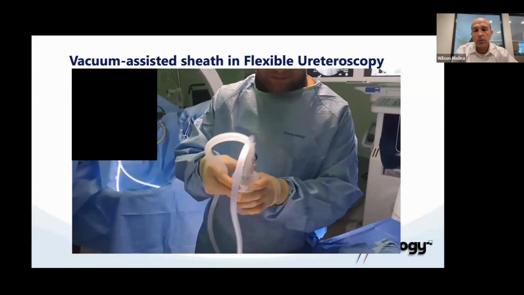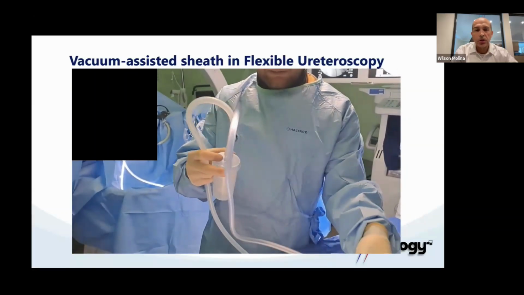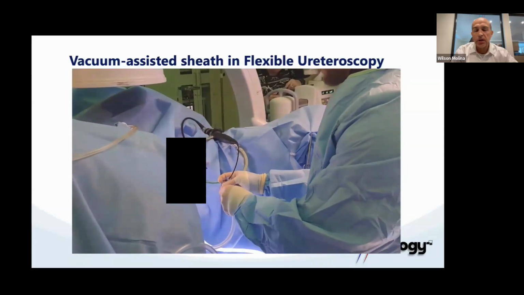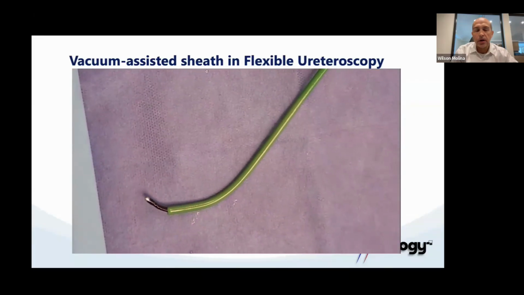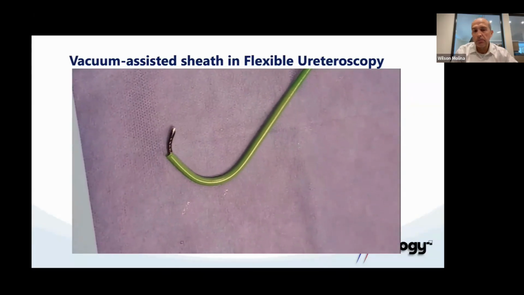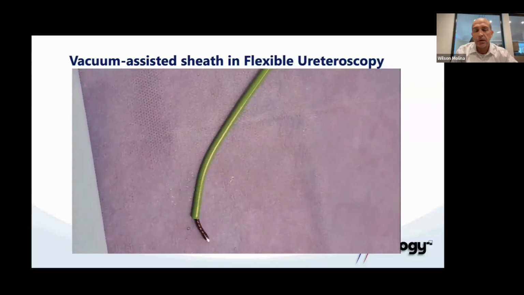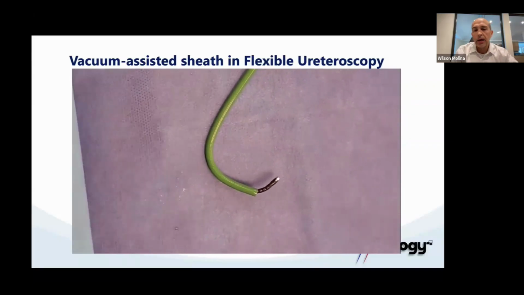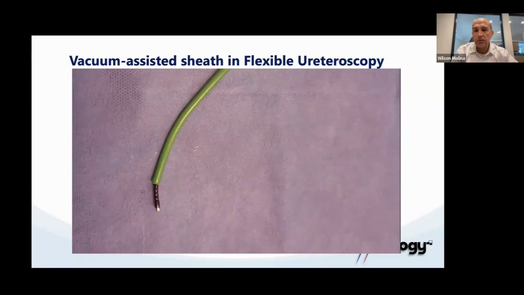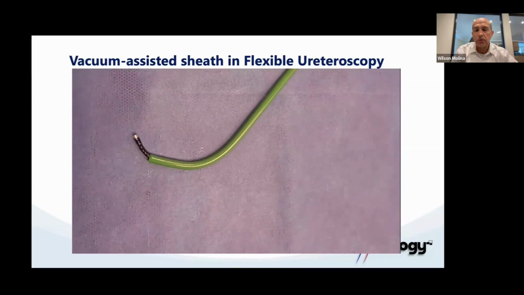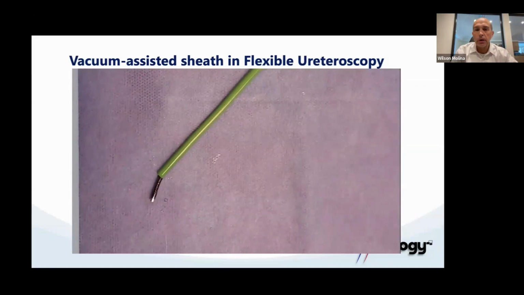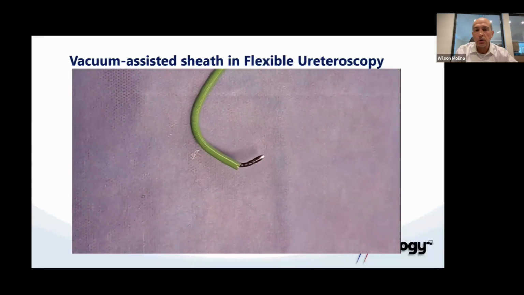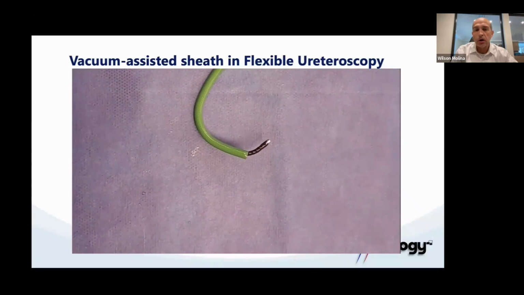Here's how we set up the sheath after we place it into the patient, and there is this part of the sheath that is malleable, what we call the fans now. Then you can access pretty much every calyx, obviously depending on the configuration of the collecting system. It has become very popular in order to do a better ureteroscopy.